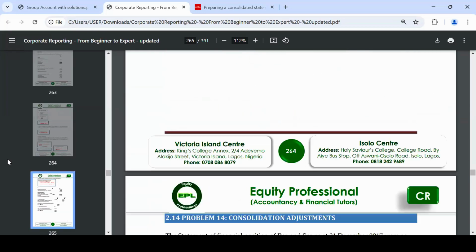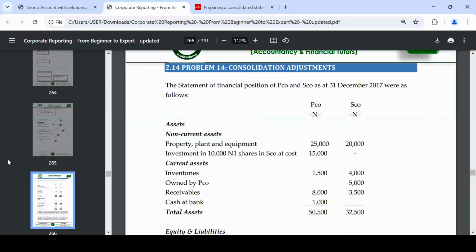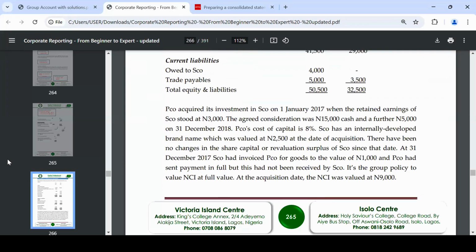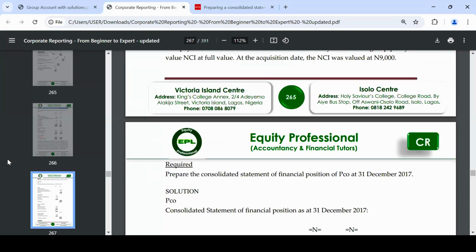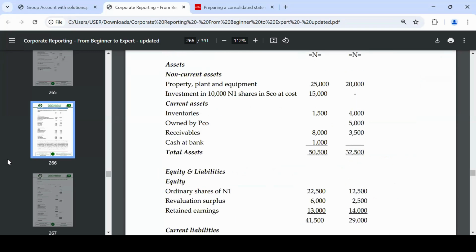Let's move forward. Now let's see a variant of different consolidation adjustments put together. As I'm reading, I'm going to be asking us, what is the adjustment that we will do? Are we ready? Let's go.